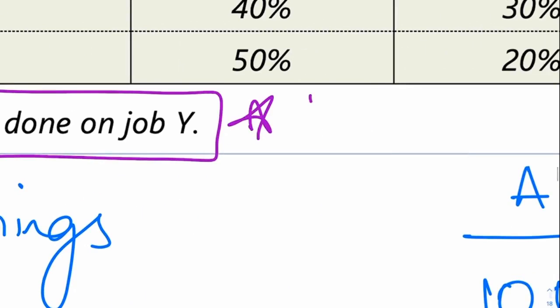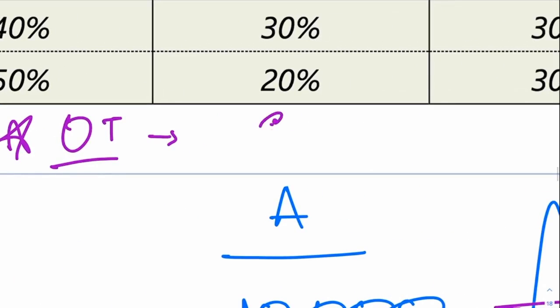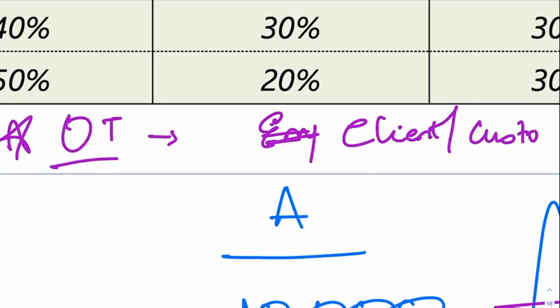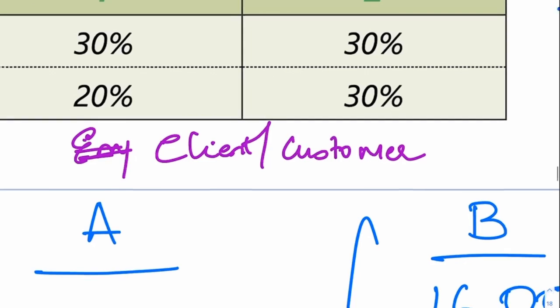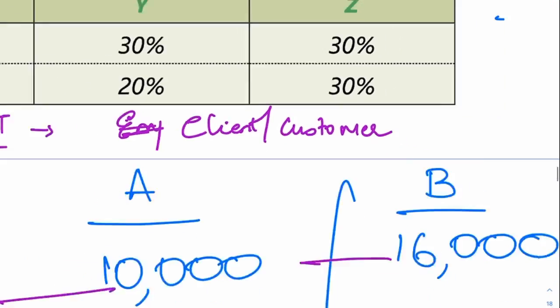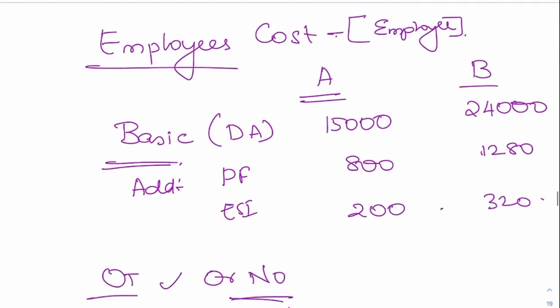So I assume this overtime was because of the request of the client or the customer. Are you clear? So if it is part of the client, would it be part of your cost? Because you are not bearing it anymore, no? The client will directly pay, yes or no?